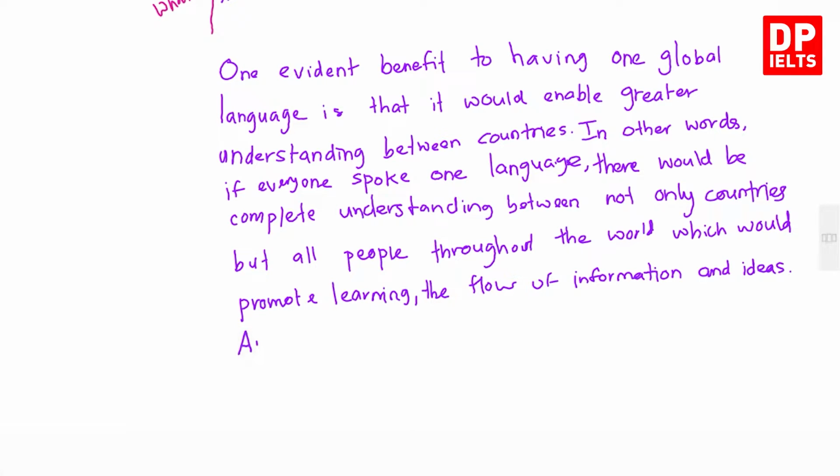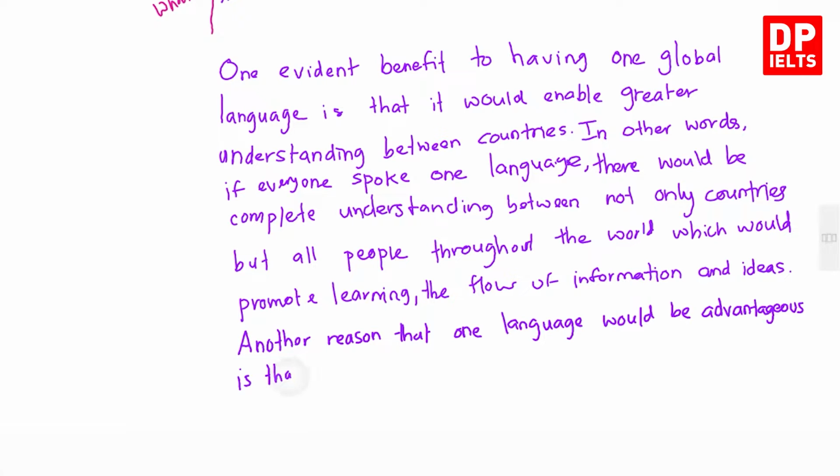Another reason that one language would be advantageous is that it would help economic growth.